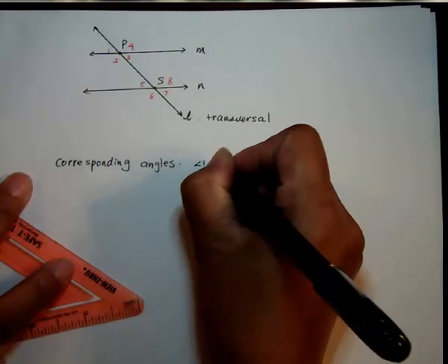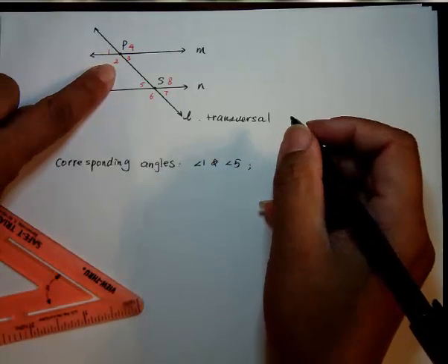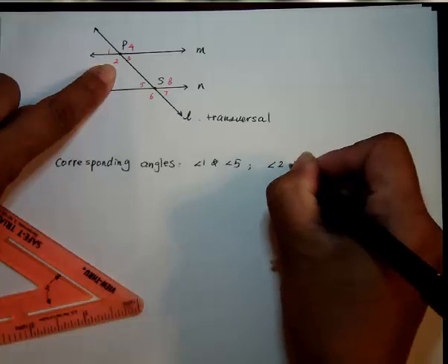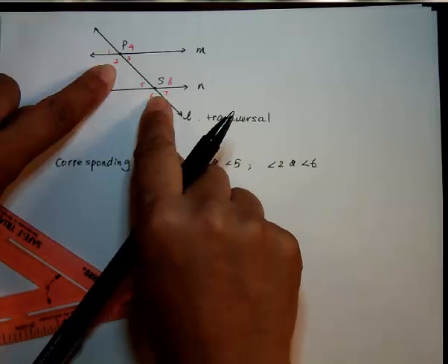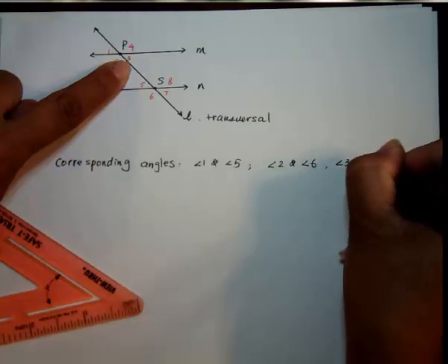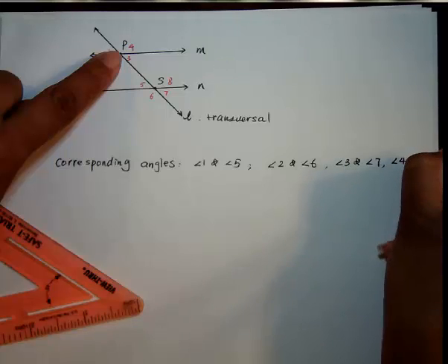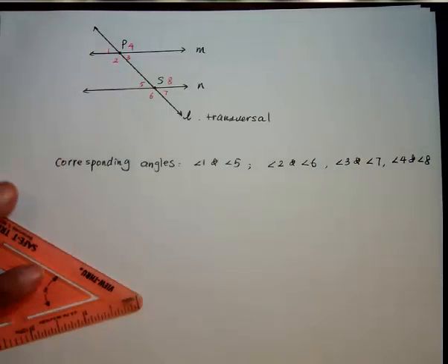Angle 1 and angle 5. Similarly, the corresponding angle for angle 2 is angle 6. The corresponding angle of angle 3 is angle 7, and angle 4, angle 8. They are corresponding angles.